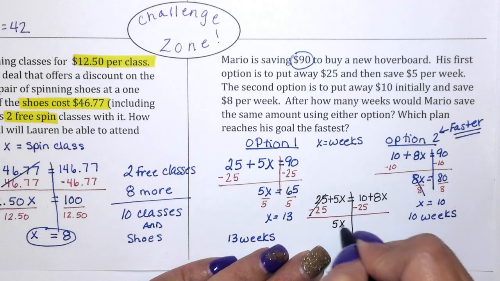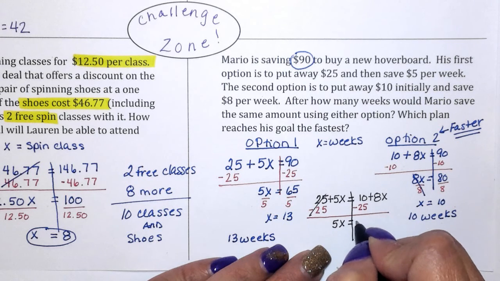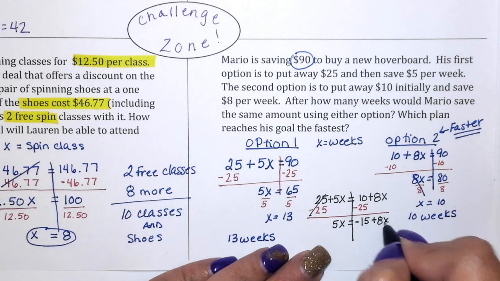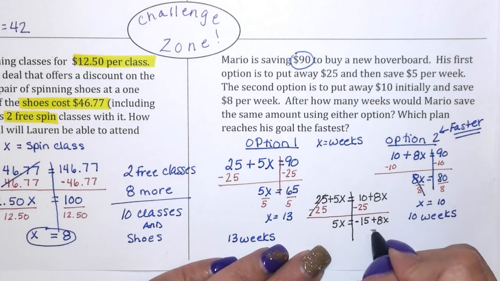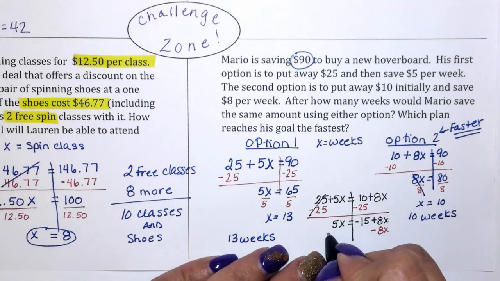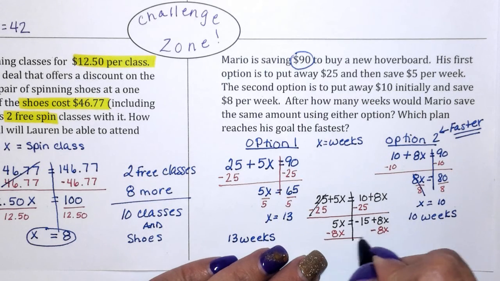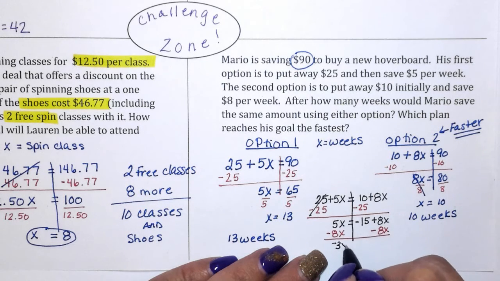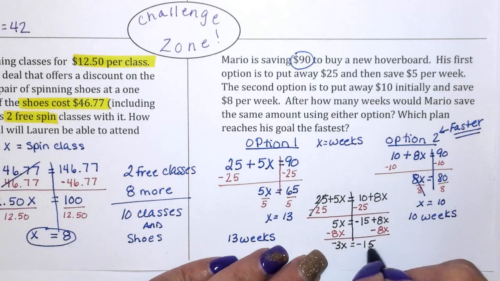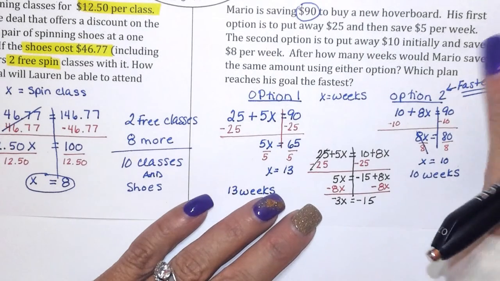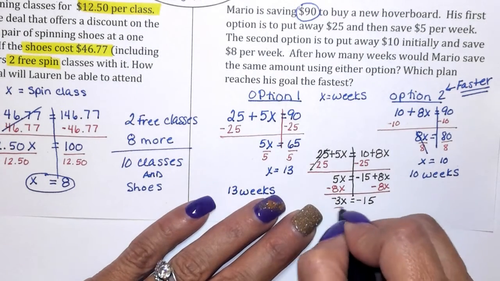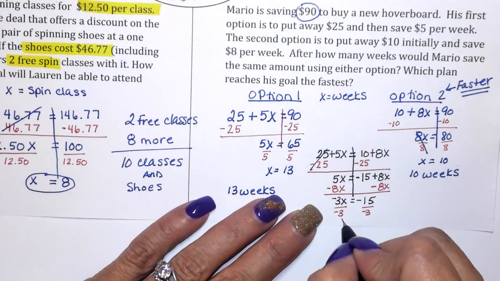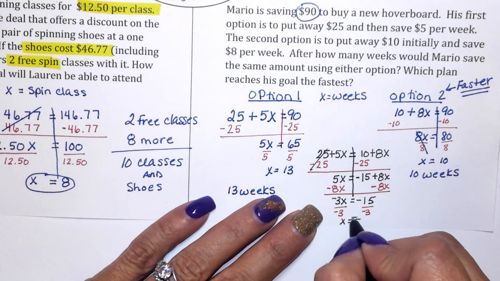That's going to give me 5x equals negative 15 plus 8x. I'm going to move 8x over. Negative 3x equals negative 15. I'm going to divide both sides by negative 3. And I'm going to get x equals a positive 5.